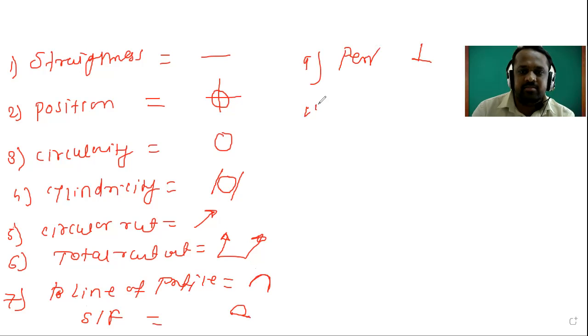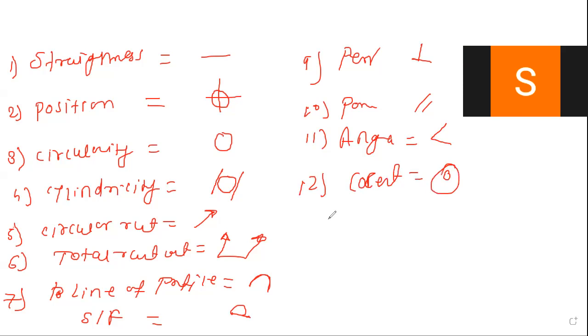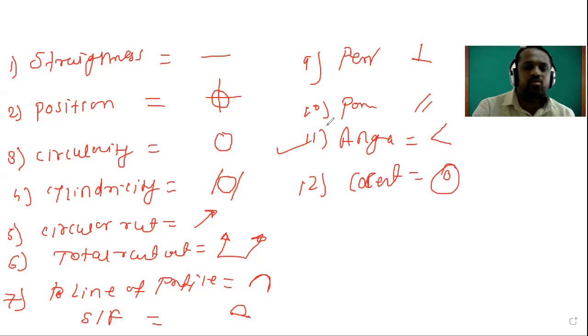For the parallelism, two parallel inclined lines. Then for the angularity, it is like this. Concentricity is two circles, like this. Okay, so these are the 14 characteristics of the geometrical tolerances.